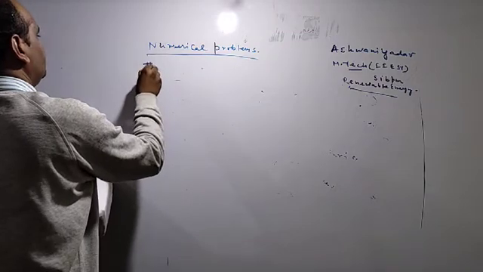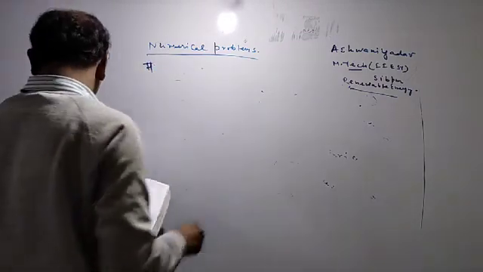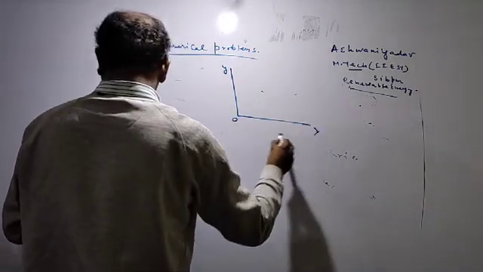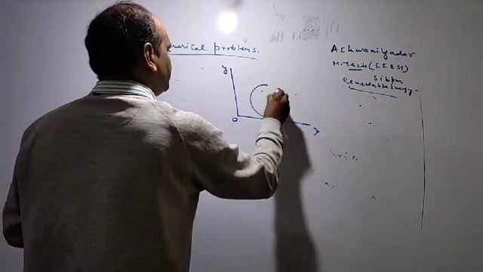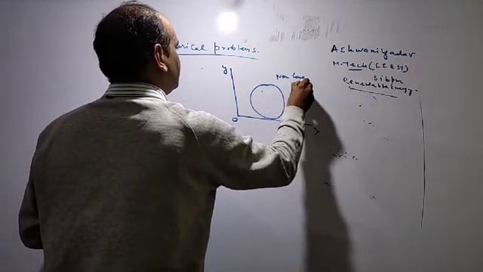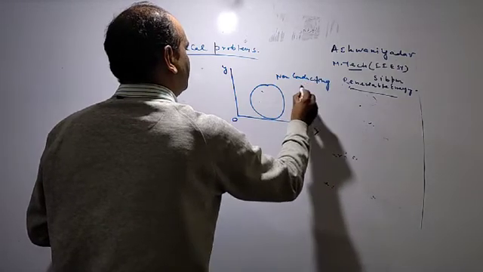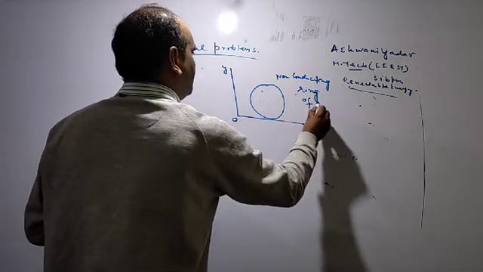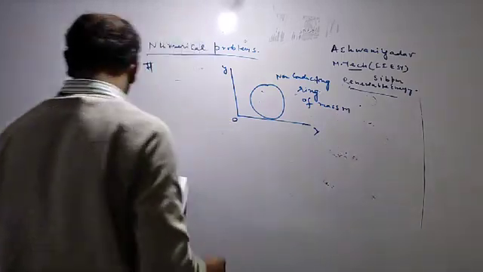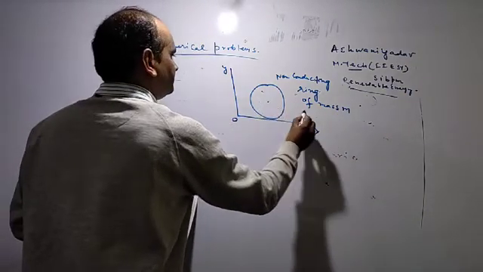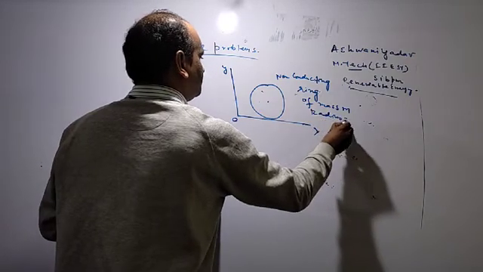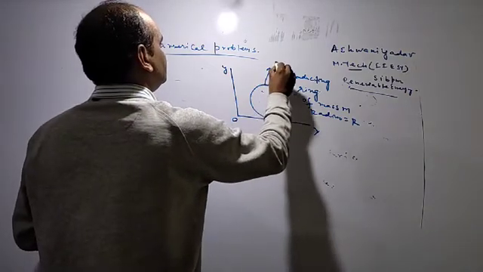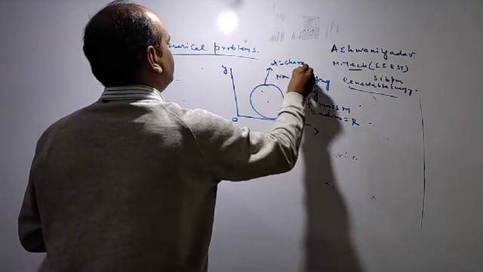Okay, I think this is going to be a good question. This is a Cartesian coordinate system, y and x, and this is a non-conducting ring of mass m and radius r, and this charge lambda is charge per unit length.